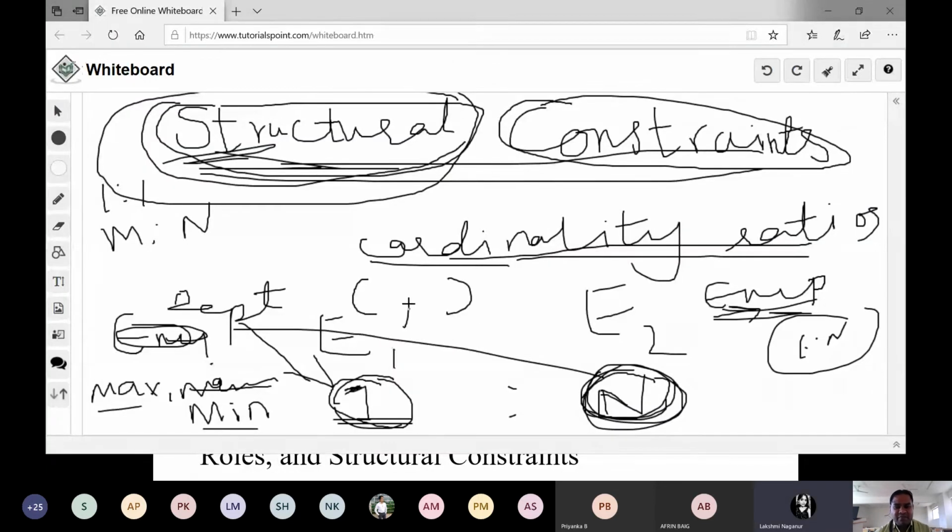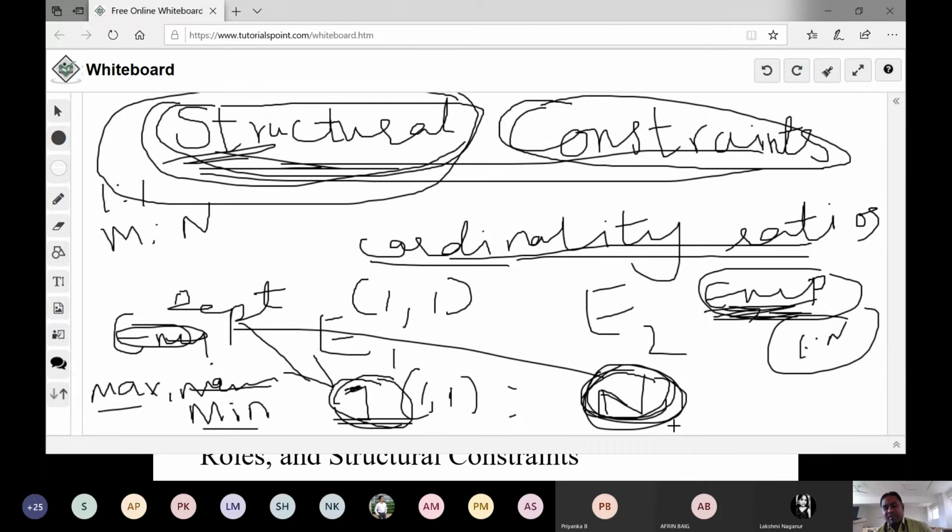Only one, sir. Very good, only one is the minimum. Maximum? One. Very good. Minimum, how many departments should an employee belong to? Only one. Maximum? Only one. So here this will be 1, 1.